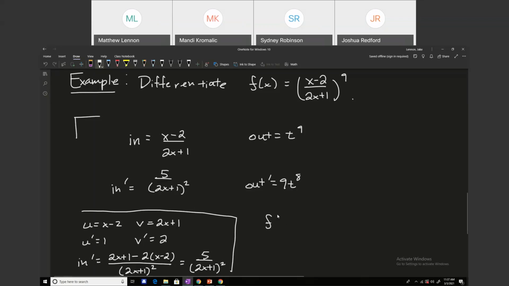Then our whole derivative f prime of x we get by multiplying that inside prime by outside prime. So we have 5 over 2x plus 1 squared times 9, and then change t back into the original inside, x minus 2 over 2x plus 1 to the 8th.